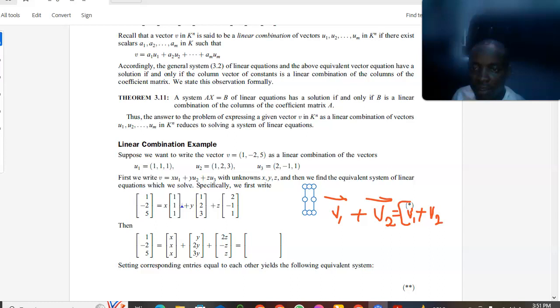Whatever value we get is the same. So we can say we can add up these vectors.